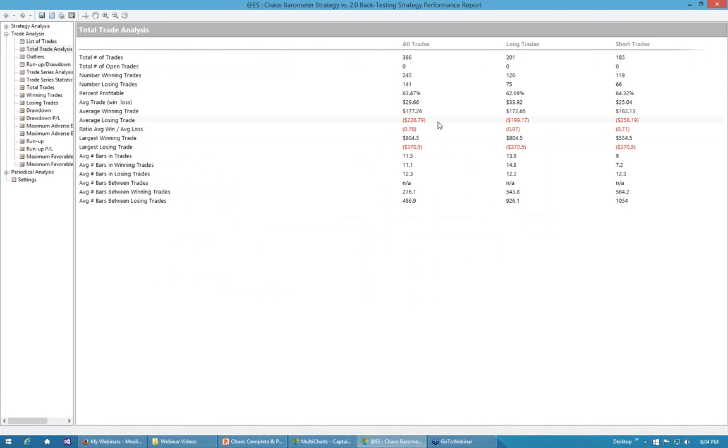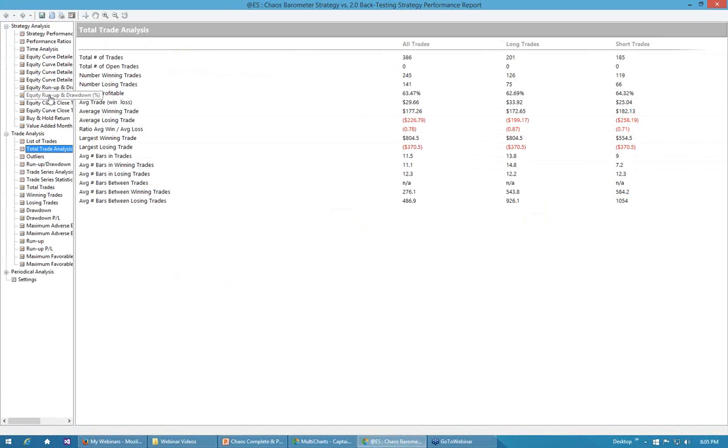You could say that this is sort of in between the other two in terms of the percent profitable and the amount of trades that we're getting. Our largest winning trade here is 804.50. Our largest losing trade is 370.50. Average winning trades 177.26. Average losing trades 226.79. So they're pretty close. It's more of a one-to-one ratio there.